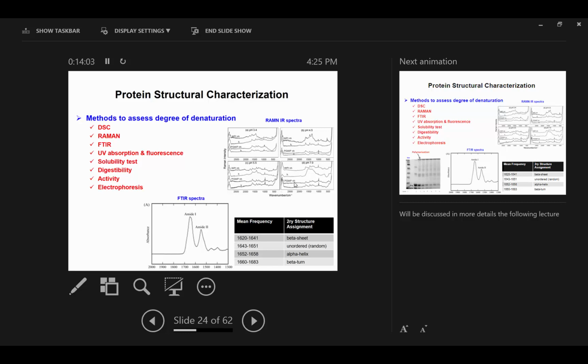Usually you do some mathematics to deconvolute the peak and determine beta sheet, random coil, alpha helix, and beta turn. A common way to determine the degree of denaturation of a protein is to look at the beta sheet to alpha helix ratio. A change in that ratio is an indication of change in denaturation of the protein.